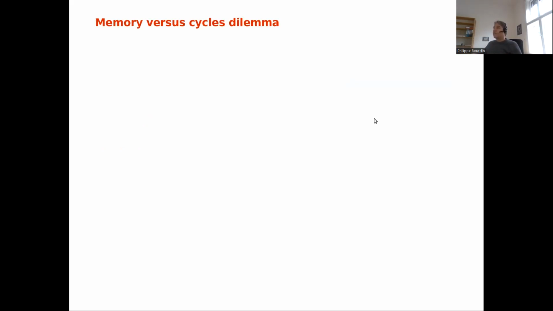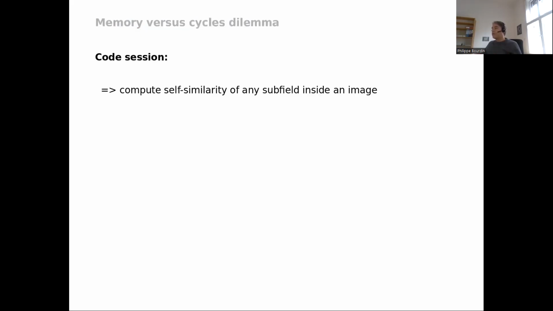Of course, there's always a kind of dilemma. You can spend a bit of memory to save instructions or cycles on the CPU, as we say. I have some code example that I could show later, but I just want to mention: if you compute something from a large array, say you have a certain part of an image that you want to compare with other parts of the image, you first create a set of parts of images, even though it uses much more memory than having only the image itself and copying a part of it each time, in each iteration.